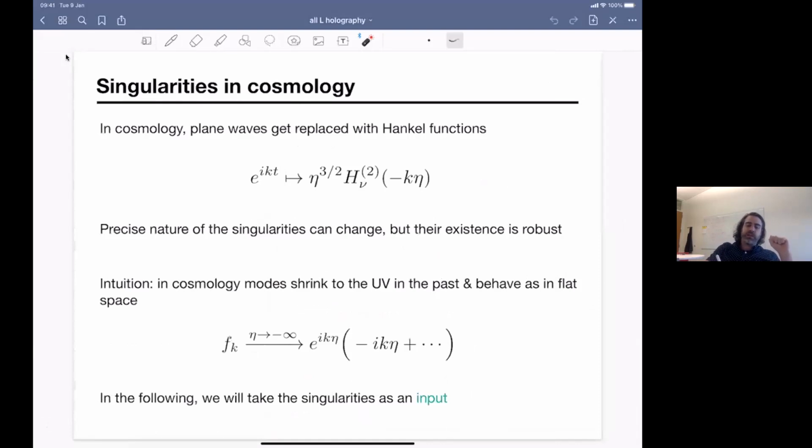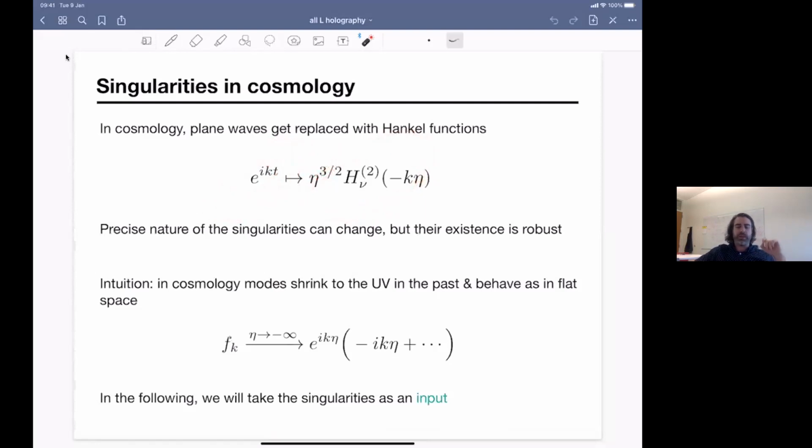Roughly speaking, the main technical difference between flat space and de Sitter space is that the flat space plane waves, which appear in the bulk to boundary and bulk to bulk propagators, get replaced with Hankel functions. That's also one of the reasons why doing these calculations in de Sitter is much harder. Of course, plane waves and Hankel functions are different, so the precise nature of these singularities can change, but the existence of the singularities is fairly robust.